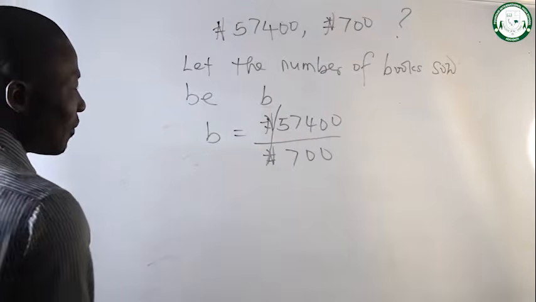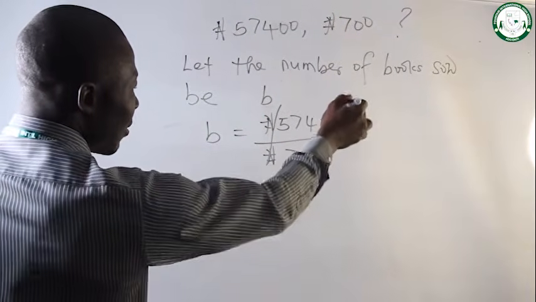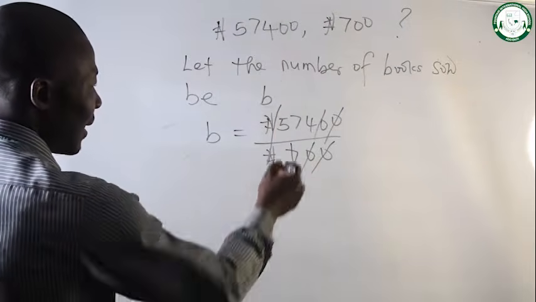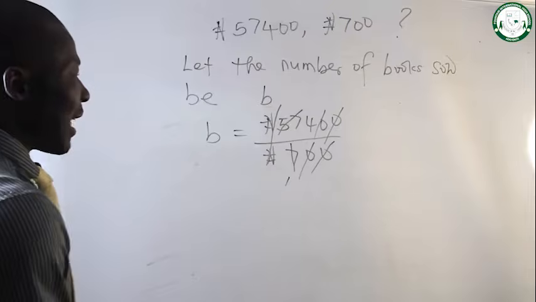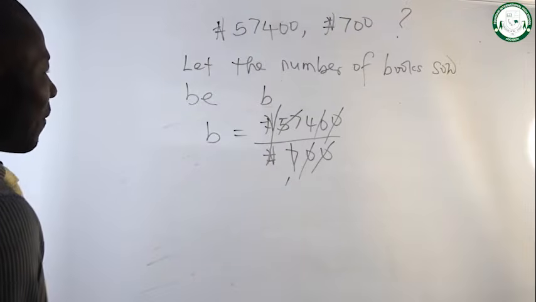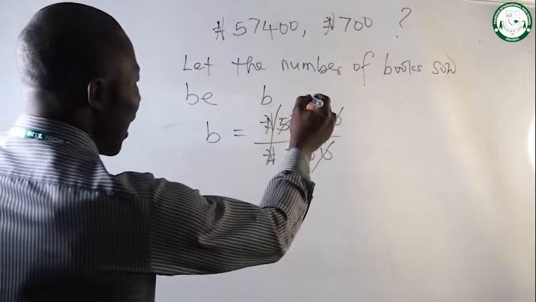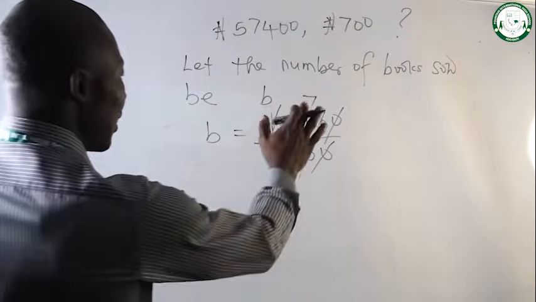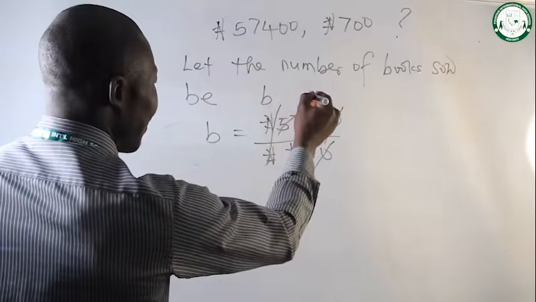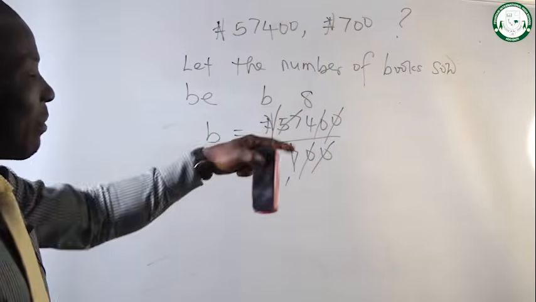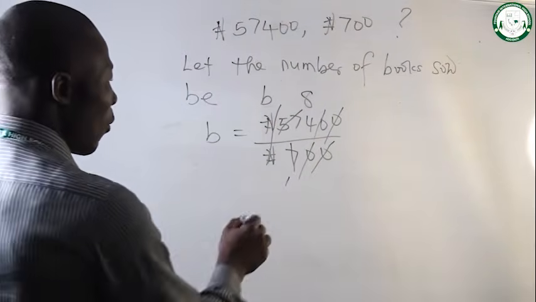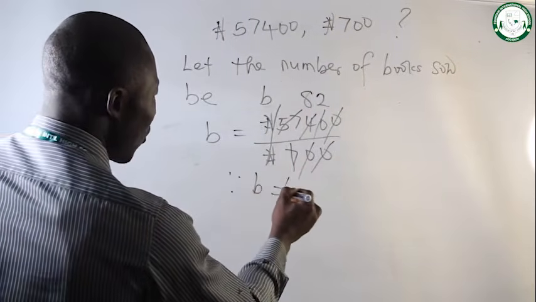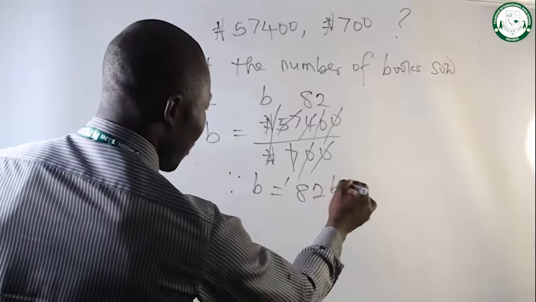The naira will go. The two zeros will go. 7 here, 1. How many 7s can we find in 57? About 7? No, that should give us about 8. 8 times 7 gives me 56. Remainder 1. In 14, 2. Therefore, B equals 82 books.